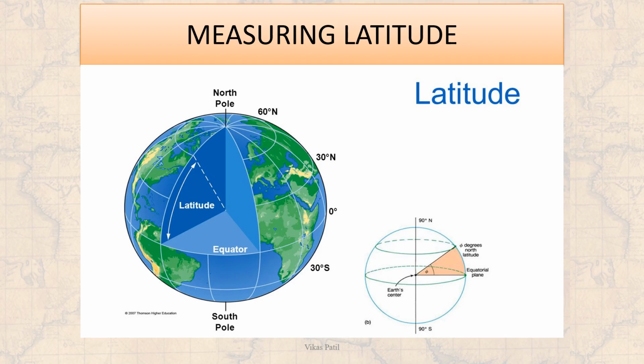So if a place is 45 degrees to the north of equator, we take an angle of 45 degrees from the center of the Earth, and that point is marked as 45 degrees north. When we join all the places at 45 degree north, it will create a circle, and that circle will be the latitude, 45 degree north latitude.